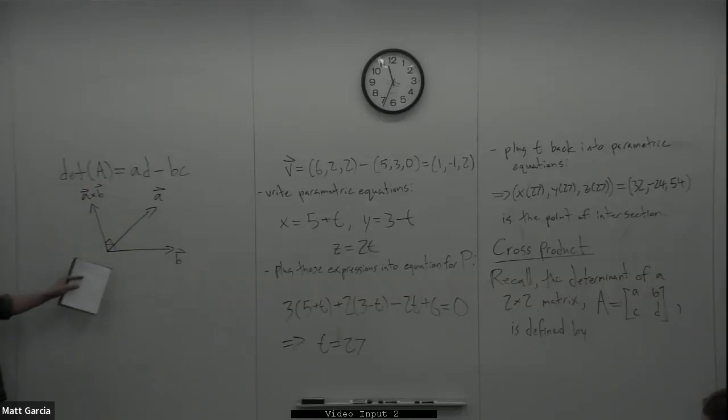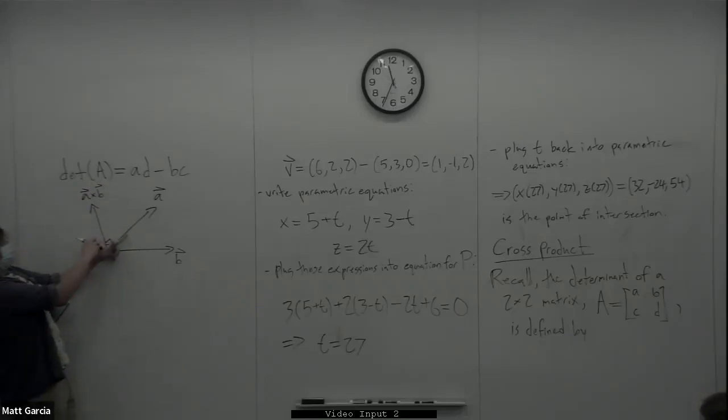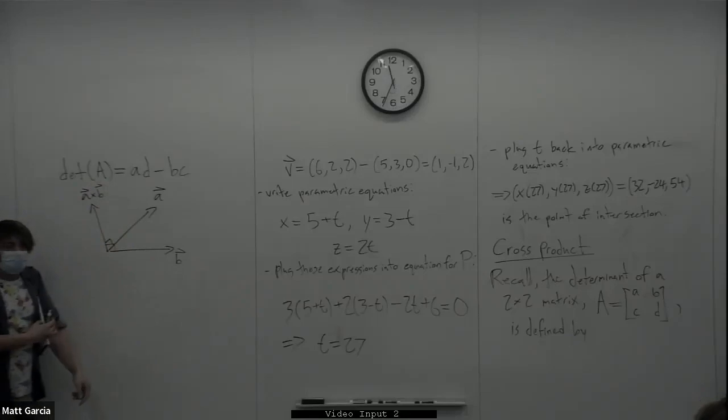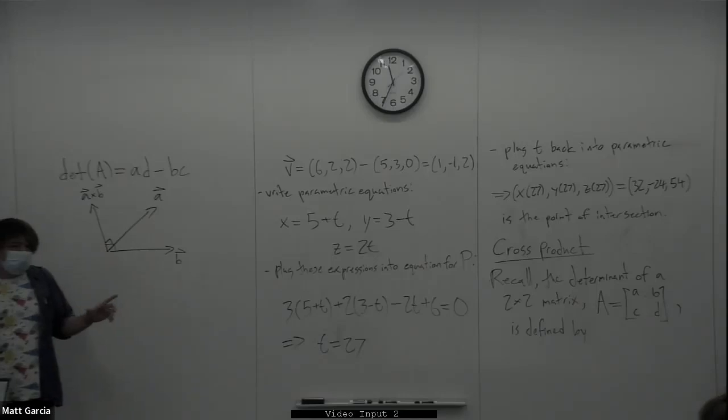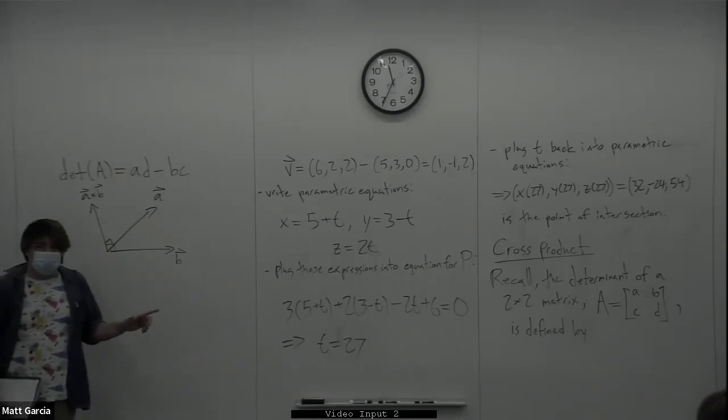Okay, hopefully this drawing is somewhat clear. Right? These A and B are pointed out like this, and then I have my cross product like this. Remember what we said about determining the angle between 2 vectors in n-dimensional space, in this case in particular, 3-dimensional space. 2 vectors always span a plane as long as they're not parallel, right?